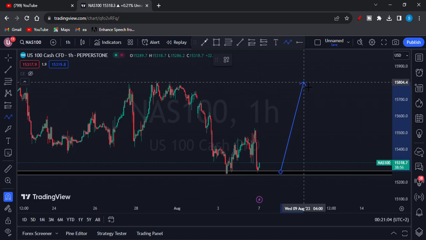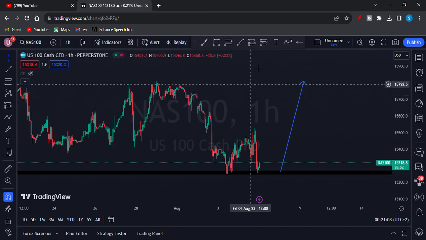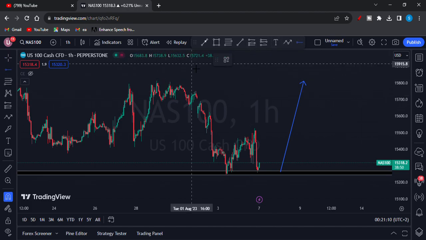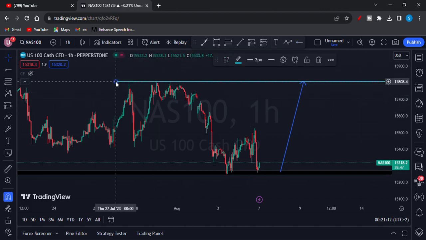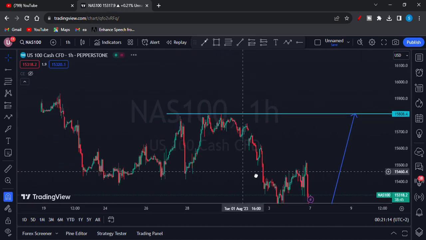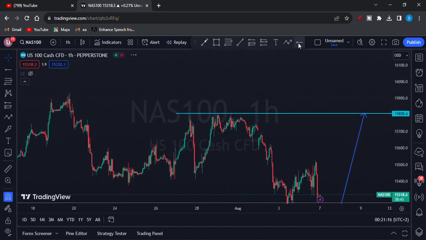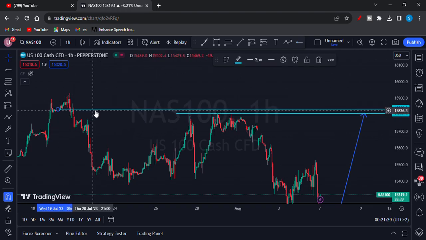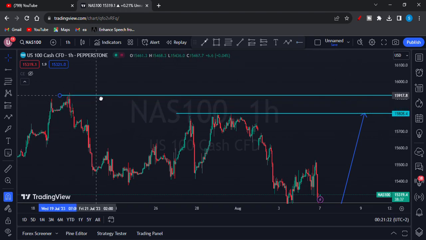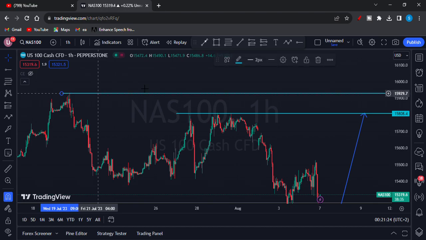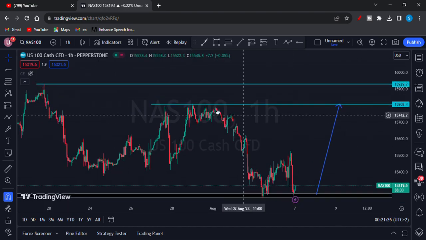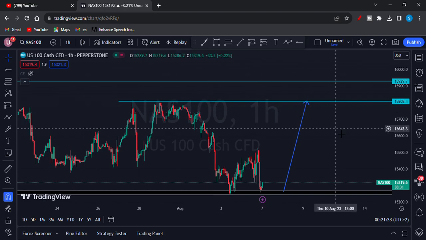My first TP will be right here, and potentially my second TP will be right here. Okay, that's my analysis for Nasdaq.